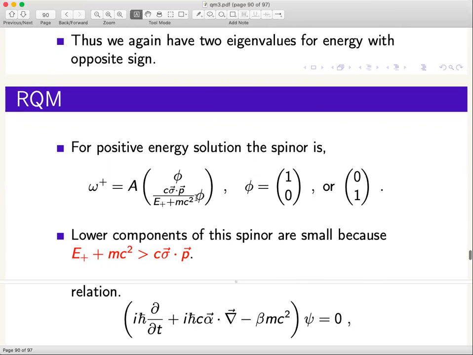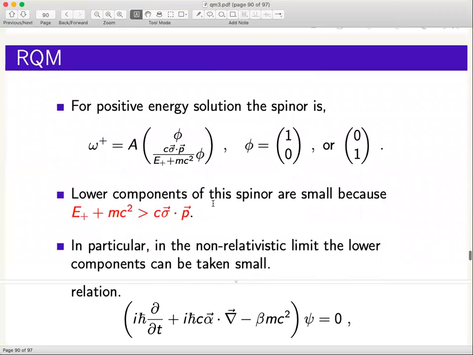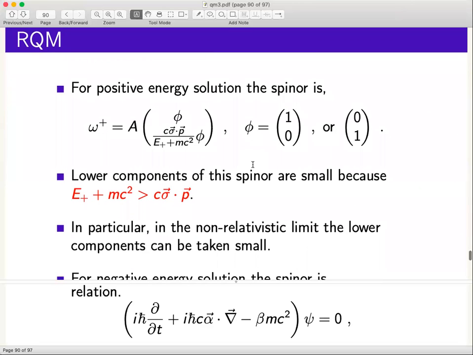Therefore, for the positive energy solution, you interpret the upper two components as large components and the lower two components as small components. Particularly in the non-relativistic limit, p is small compared to the rest mass, and therefore this quantity is small. That is how we will interpret it.